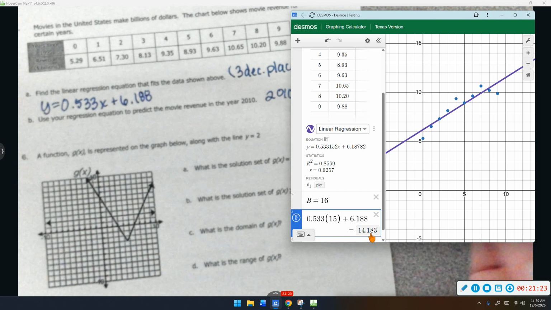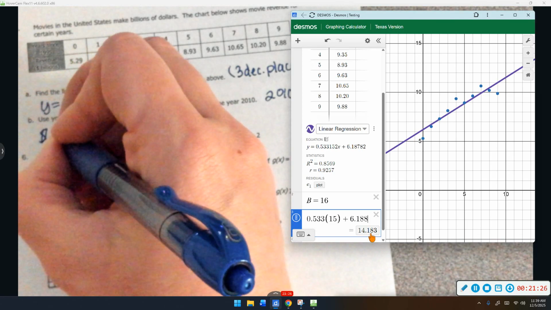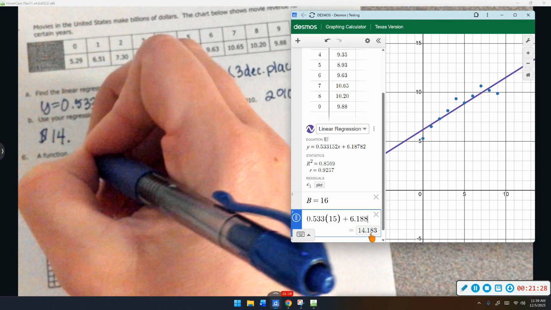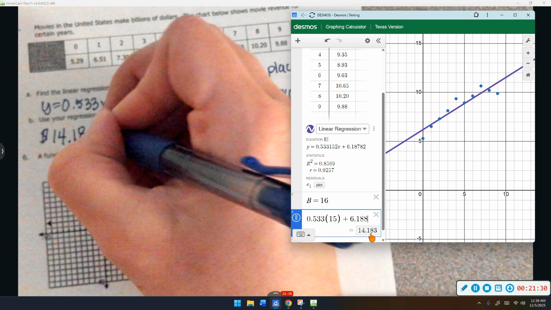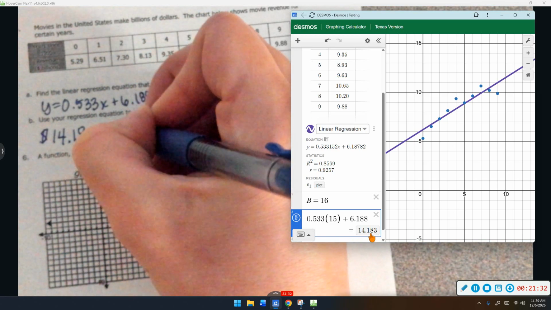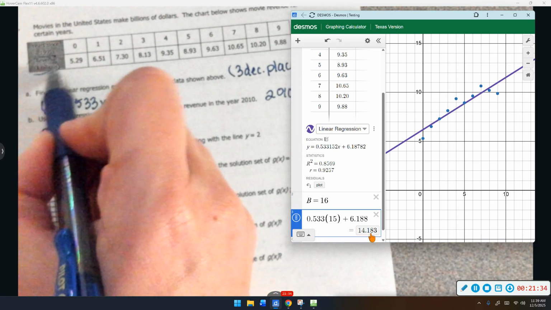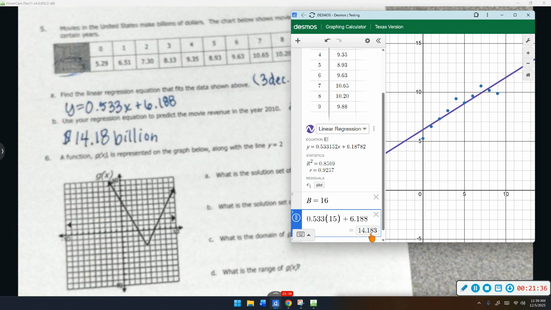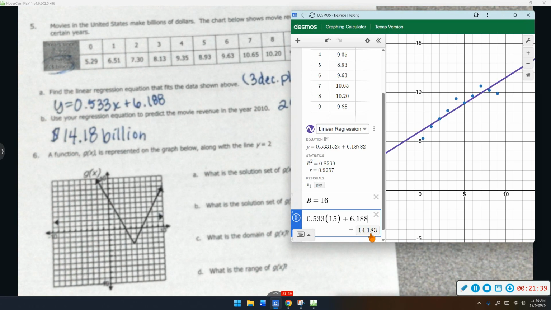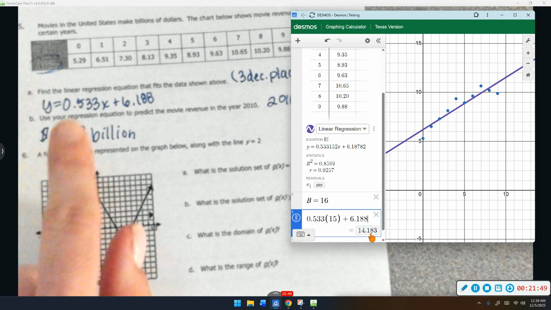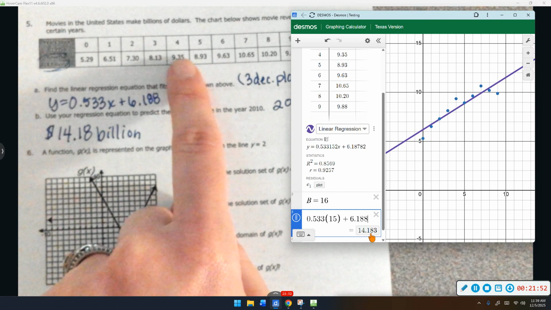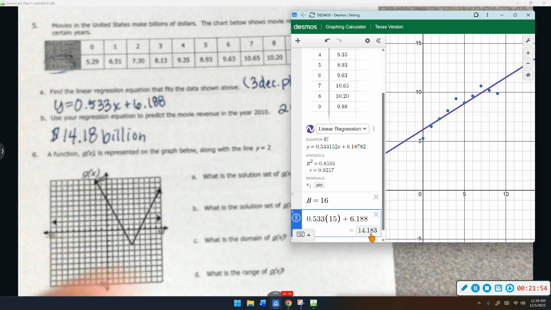It means it brought in $14.18 billion. Where am I getting billion from? Right here. So it's important to look at the table and know what the problem's talking about. It's billions of dollars. Okay? And why did I choose to round this one to 2 places? Because I look at my table and all the other revenues are in 2 places.